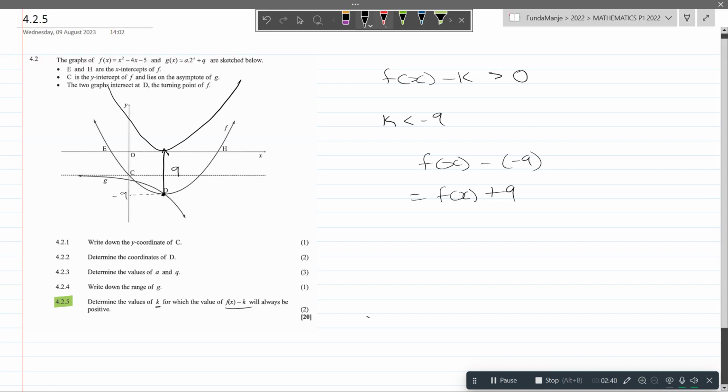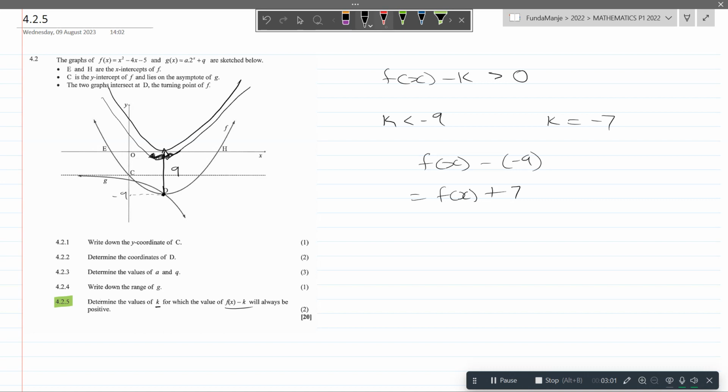Because if k is any value that is greater than -9, such as k equals -7, then we're only going to shift our graph 7 units up, and this will only move up until -2, and we have a region of the function that is negative, and that's what we're trying to avoid.